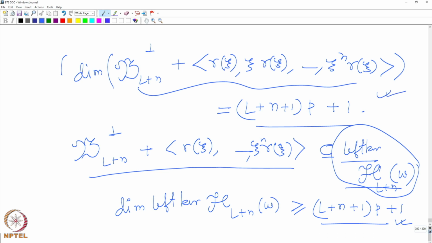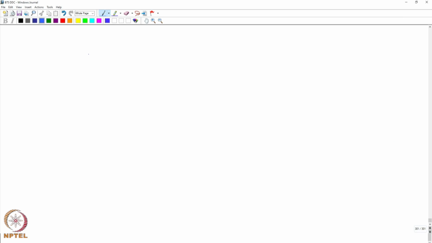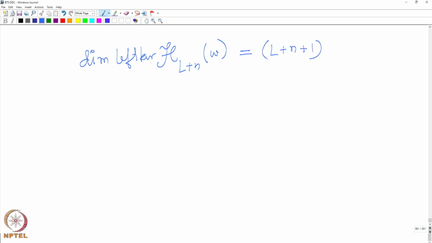Okay. Now, by rank nullity theorem, however, the dimension of the left kernel of H L plus N W is equal to L plus N plus 1 times P plus L plus N plus 1 times M. That is the total number of variables W, right?